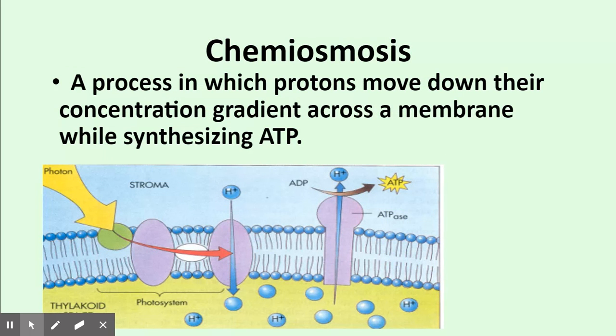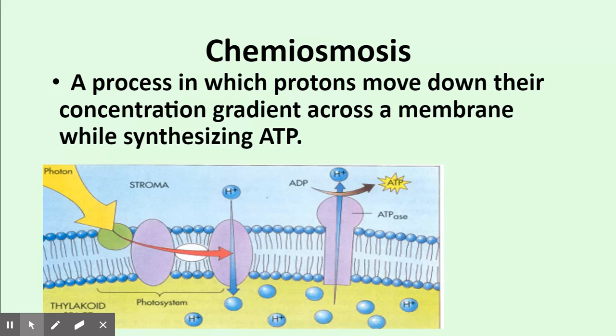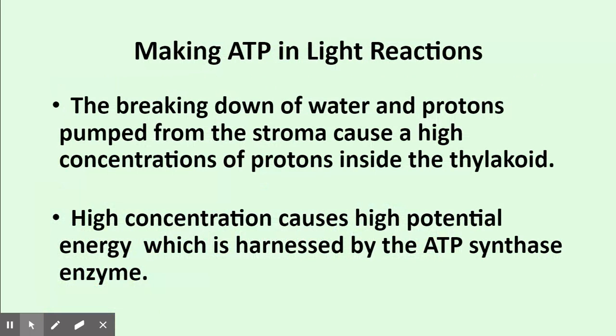Then we have chemiosmosis, and this is where our ATP is going to be made. So at this point, we have ADP, and we need to attach that additional phosphate. So we're going to transport hydrogens through the ATP synthase and attach the ADP to ATP.